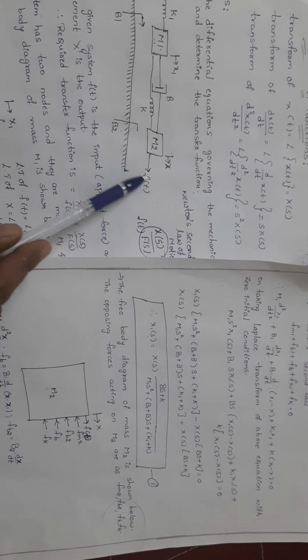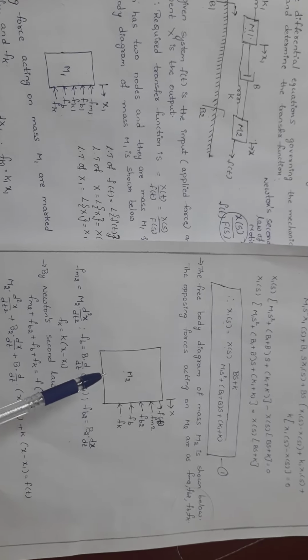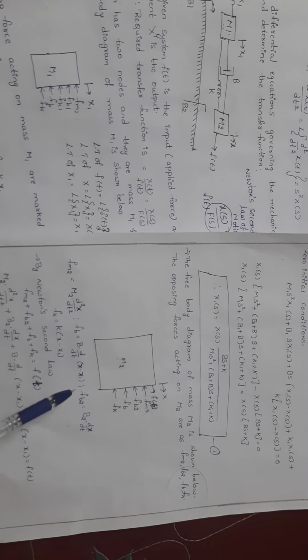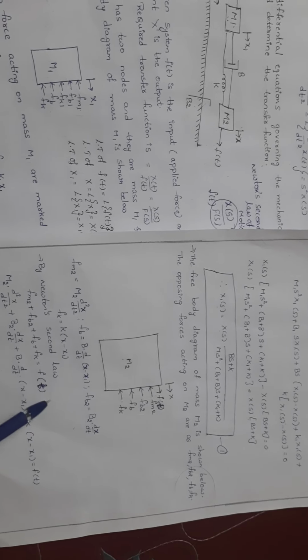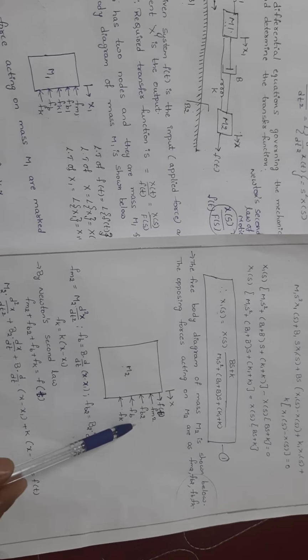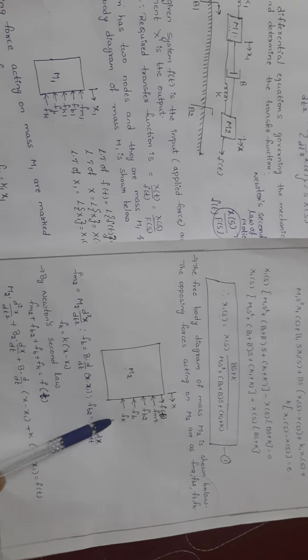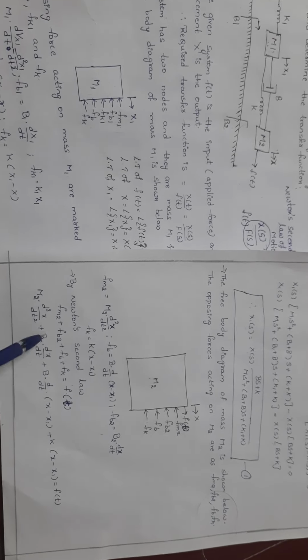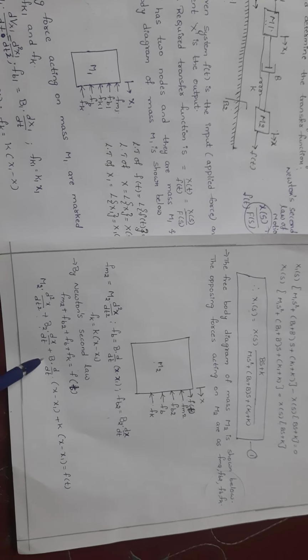As f of t is there, see how we are going to write the equation. Here you should write f of t is equal to fm2 plus fb2 plus fb plus fk. So what is m? m2 d square x by dt square. Next, b2 dx by dt.